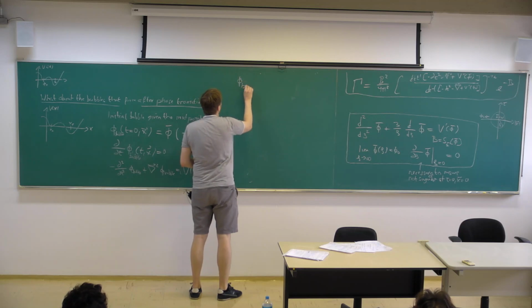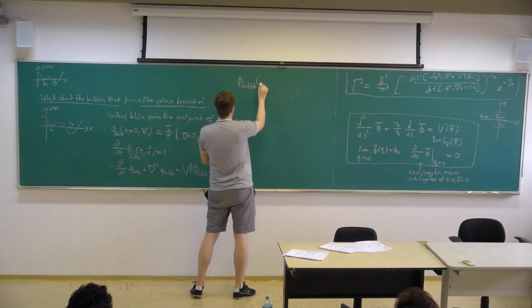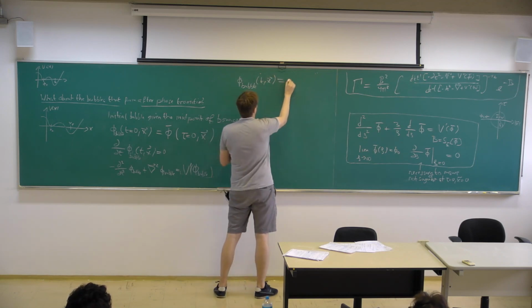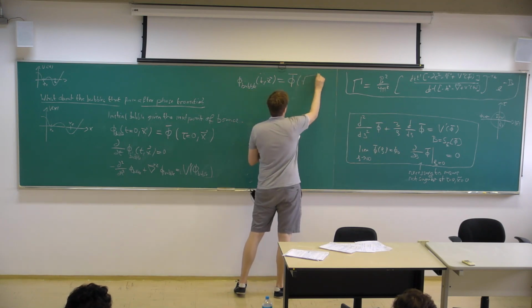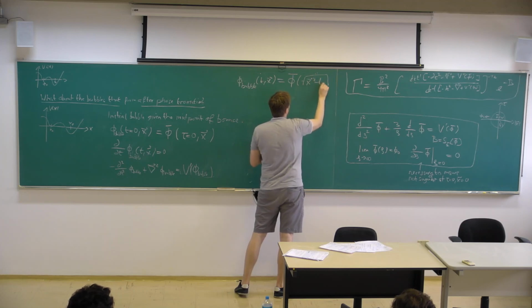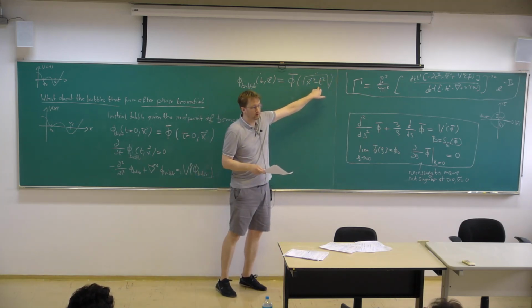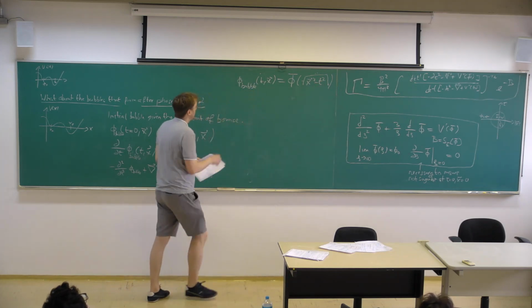Phi bubble of t, x is equal to the bounce solution evaluated at, now, before it was plus tau squared, now we go back to Minkowski time, so I get minus t squared.